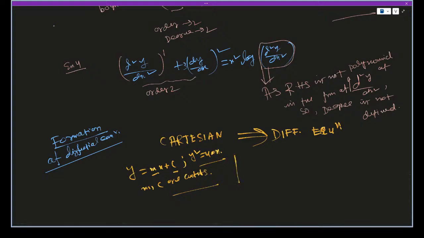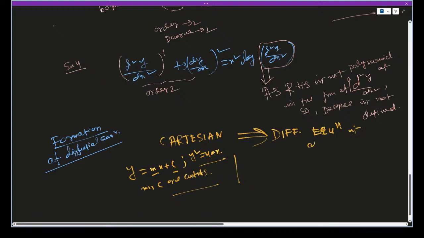If you differentiate once, order will be 1. Okay? So a Cartesian equation to differential equation is obtained by eliminating arbitrary constants.